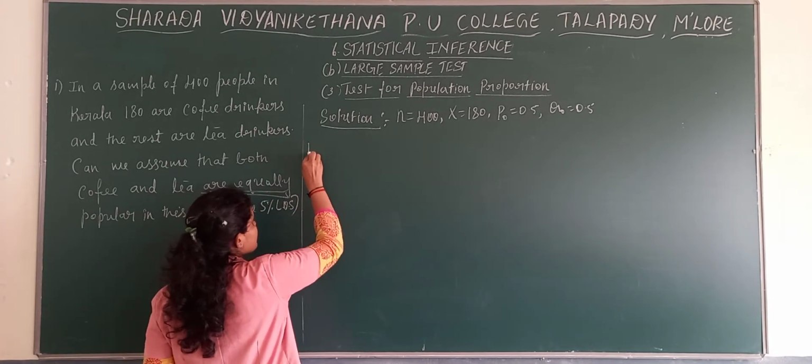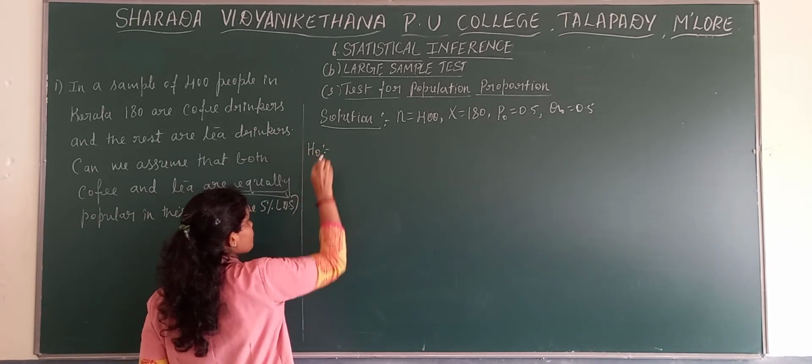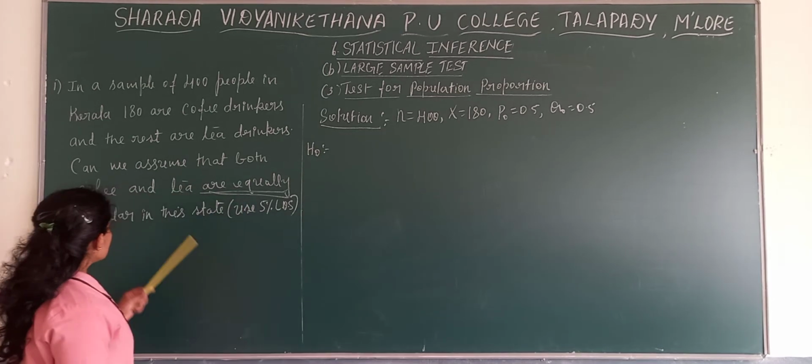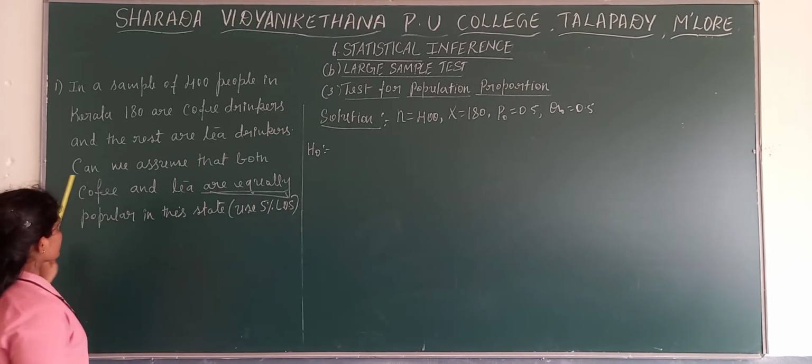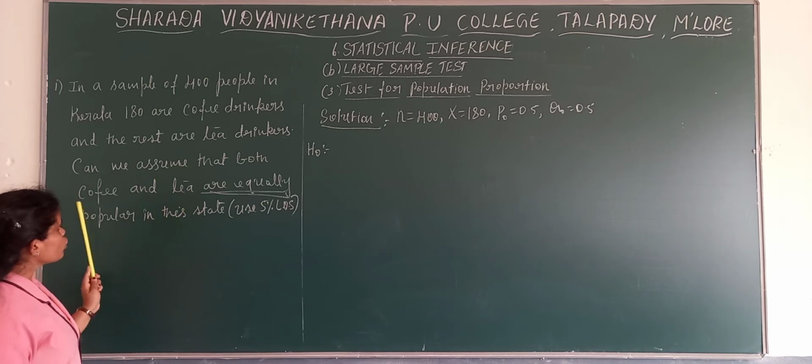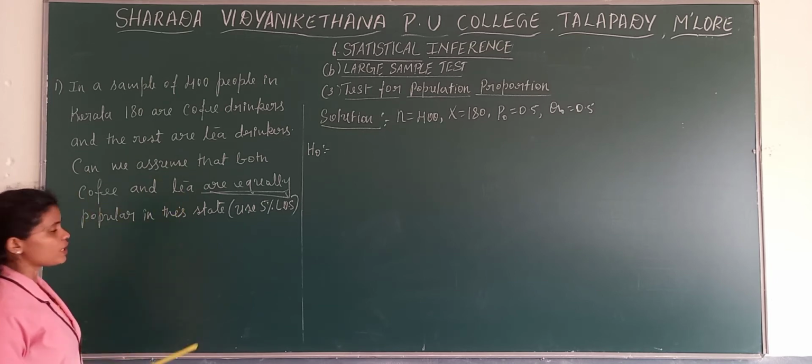Now, next we will write the null hypothesis. How to write the null hypothesis? See the question: can we assume that both coffee and tea are equally popular in this state?